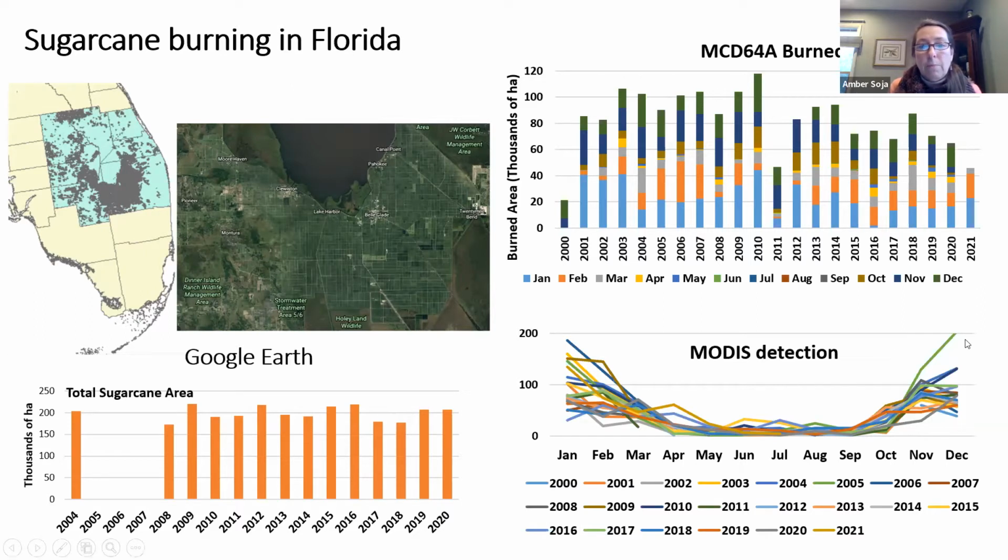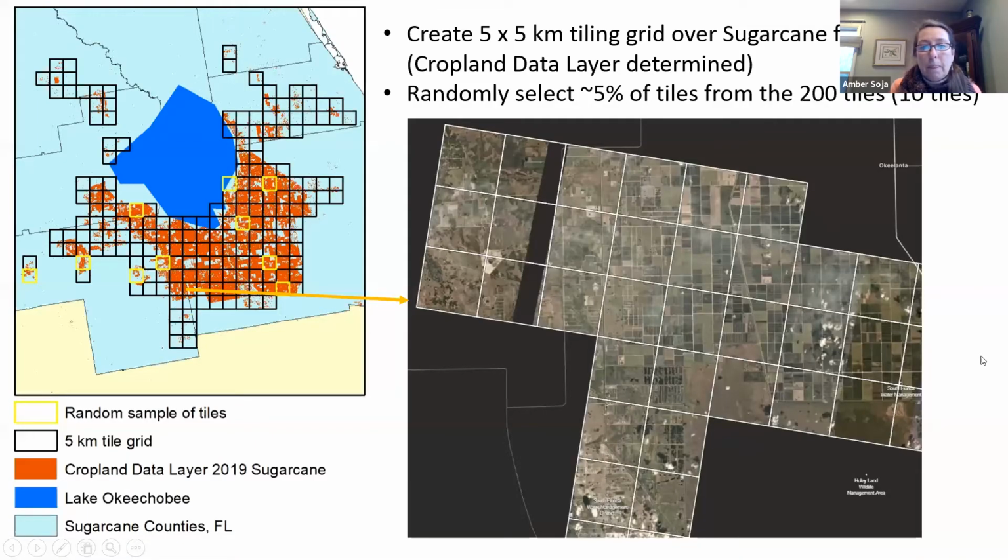Next slide, please. So if we overlay the same 5x5 tiling on the sugarcane fields and take, again, 5% of the data, it's only 10 tiles. And you may say, that's not very much. But then if you think about it, it's 10 tiles and 5 months of data and of burning. So next slide, please.